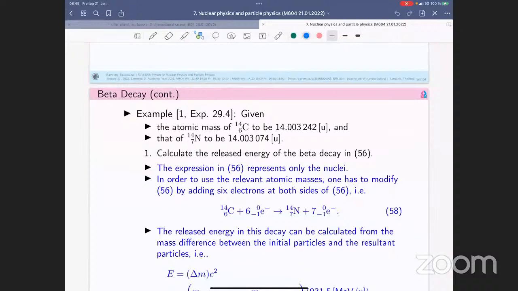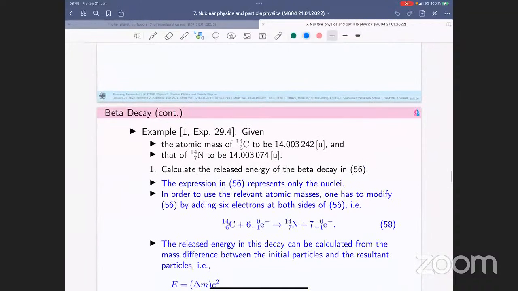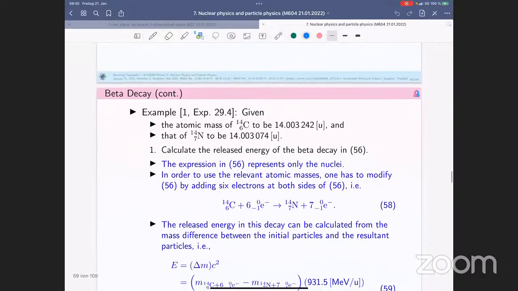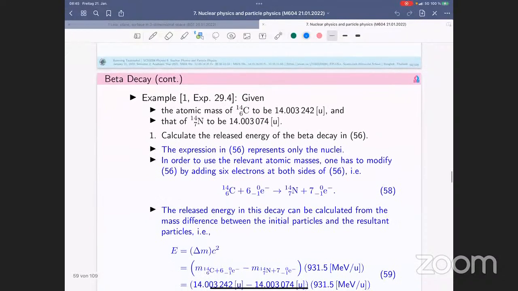Okay, yes, this is the beta decay. HDMI. Okay.